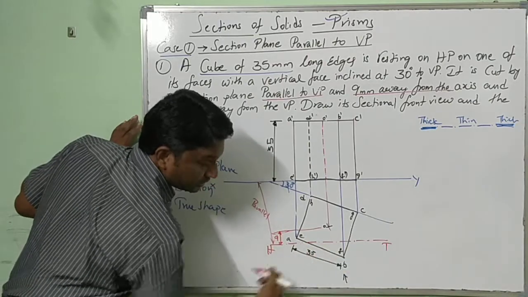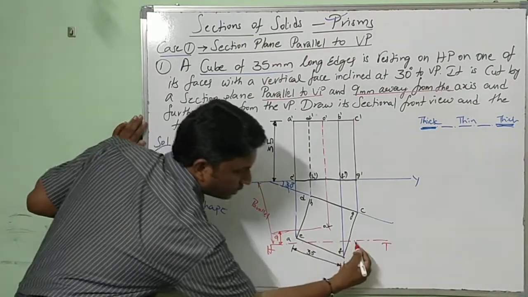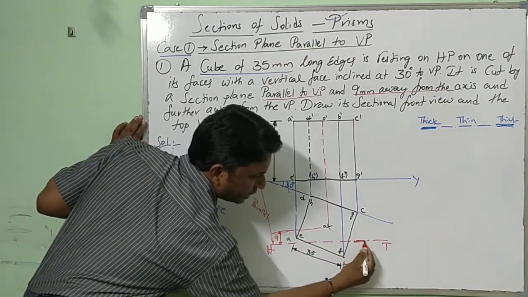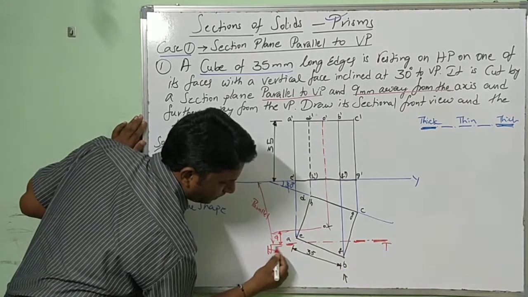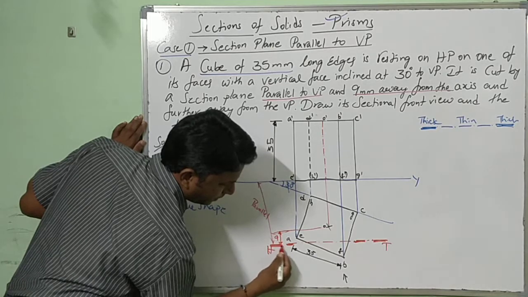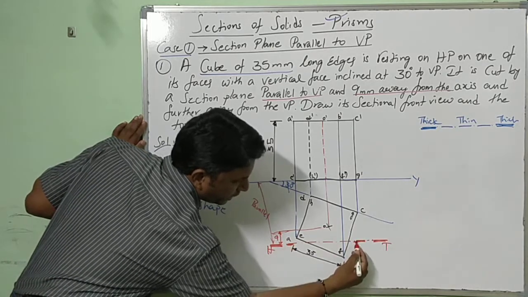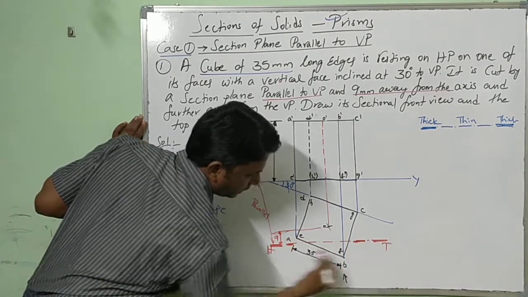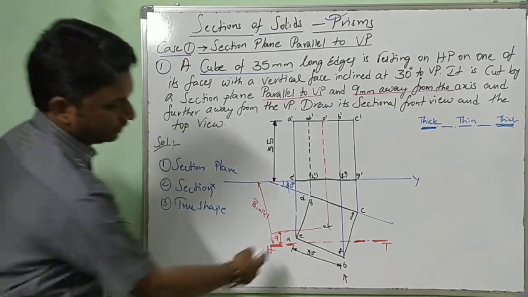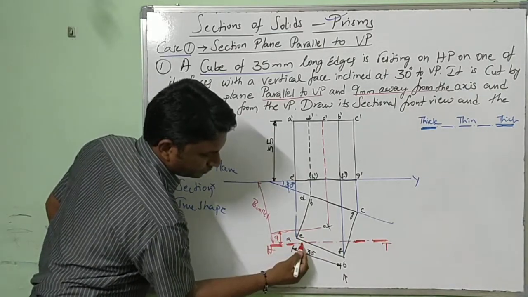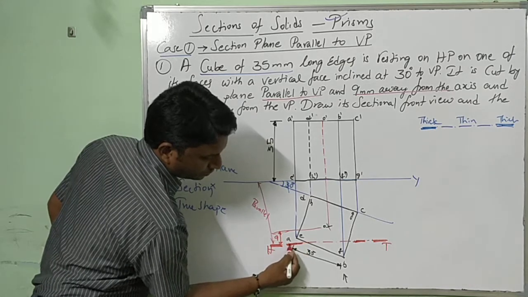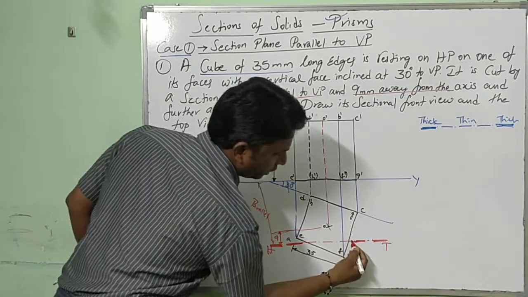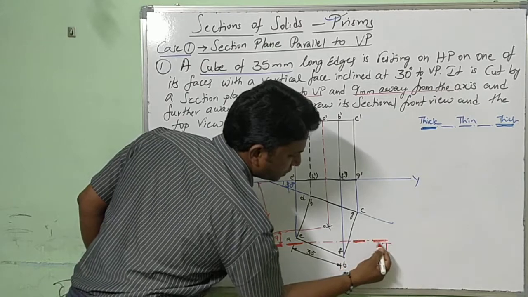See, it's going through the object. So outside the object I have to show them as thick. Outside the object I have to show them as thick, inside the object thin. Don't make it too thick, just 2 strokes.